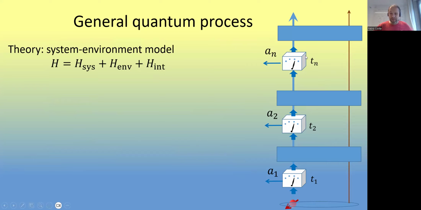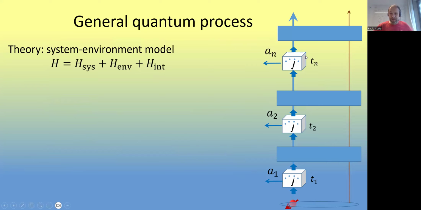from measurements on the system alone, I cannot reconstruct this Hamiltonian. My environment might be incredibly complicated, and if I cannot measure the environment, then I cannot reconstruct this Hamiltonian. So if I want to make a tomographic reconstruction of the process at this level, it's not yet clear what I can reconstruct.